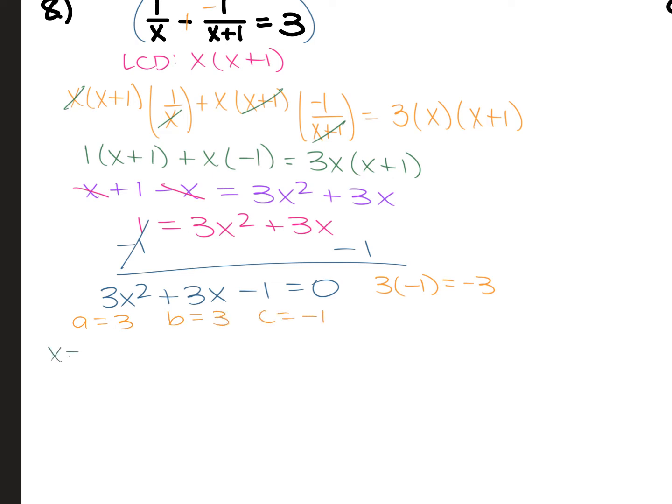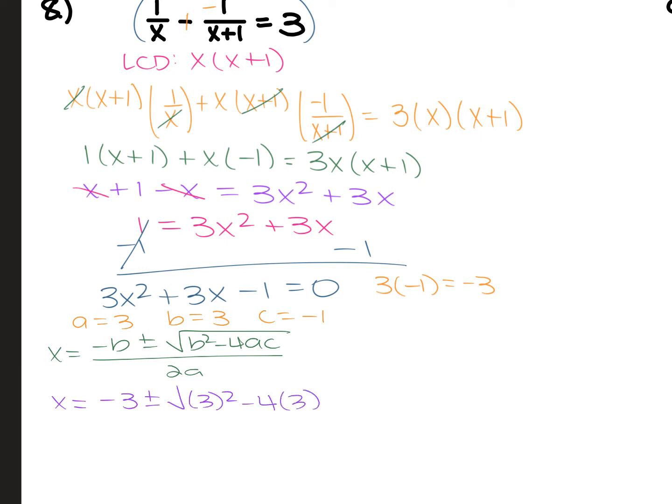So if you remember your quadratic formula, it's negative b plus or minus the square root of b squared minus 4 times a times c all over 2 times a. So that's going to give us x is equal to the opposite of 3 plus or minus the square root of 3 squared minus 4 times 3 times negative 1 all over 2 times 3.